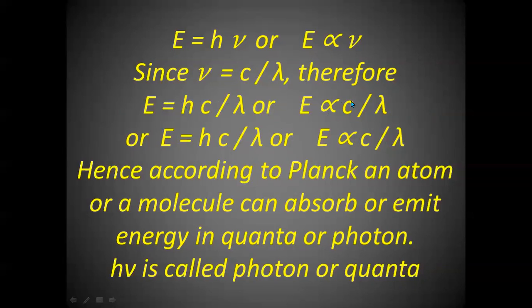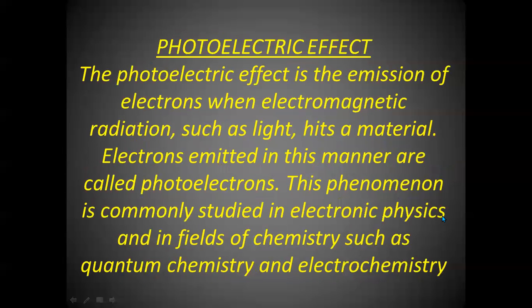All electromagnetic radiations have the same velocity, which is 2.99 into 10 to the power 10 centimeters per second, or about 3 into 10 to the power 10 centimeters per second. Now we can write it as E proportional to 1 by lambda. Hence, according to Planck, an atom or molecule can absorb or emit energy in quanta or photons. Therefore, h nu is generally called a photon or quantum.